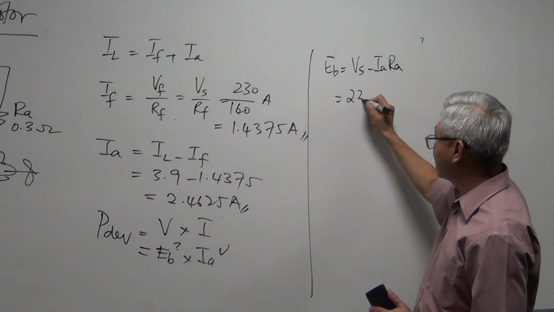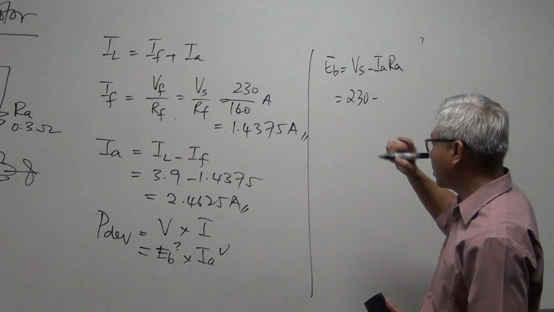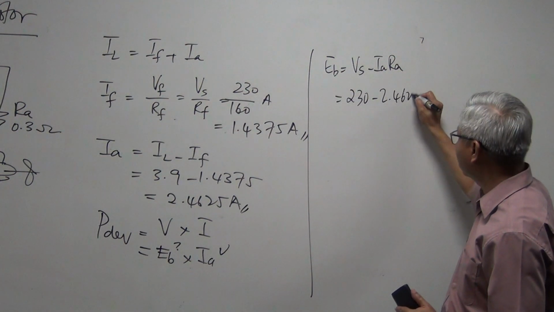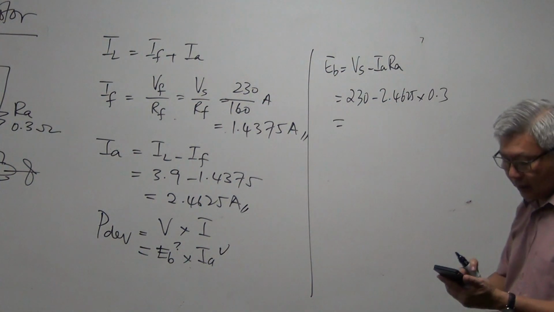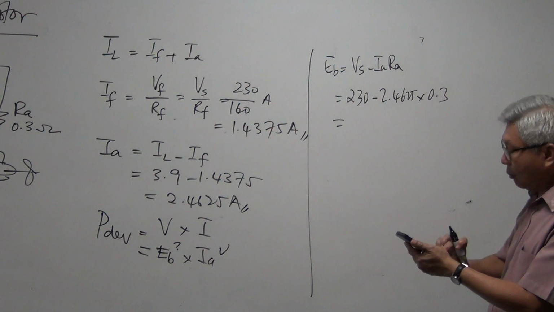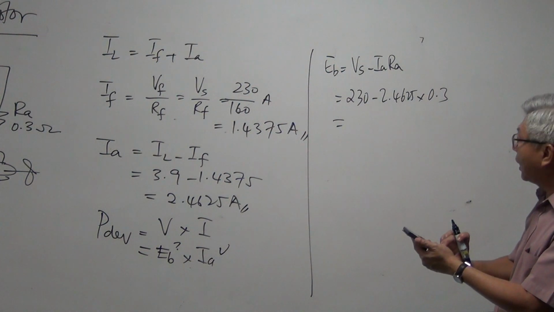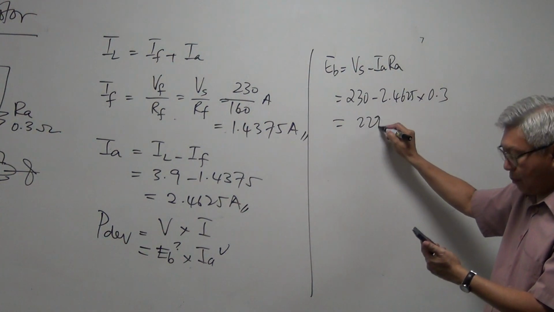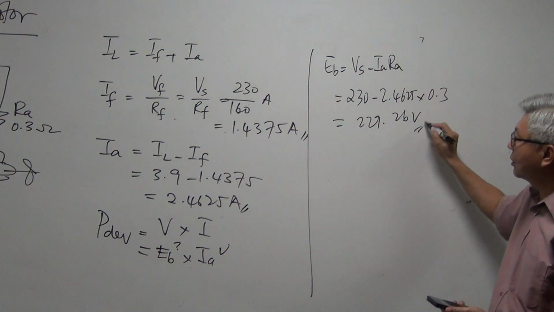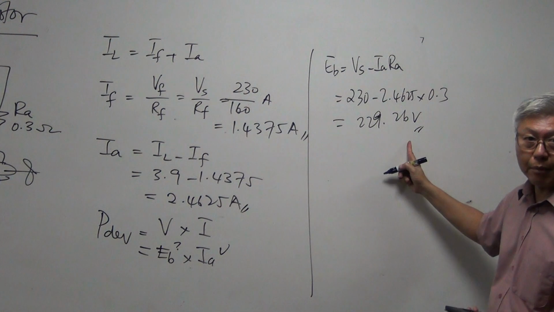So that's equal to 230 minus 2.4625 times 0.3. So that's EB. I use my calculator. So that is 229.26 volt. Okay, so that's back EMF.